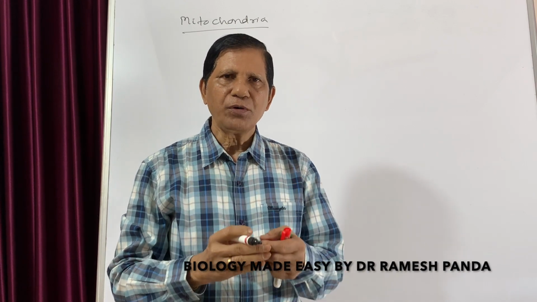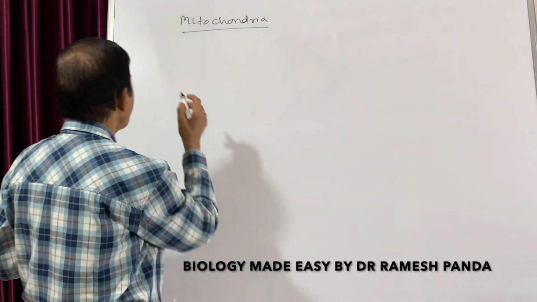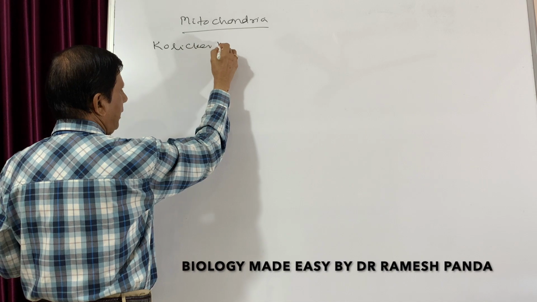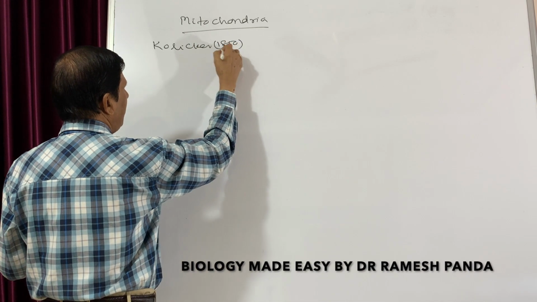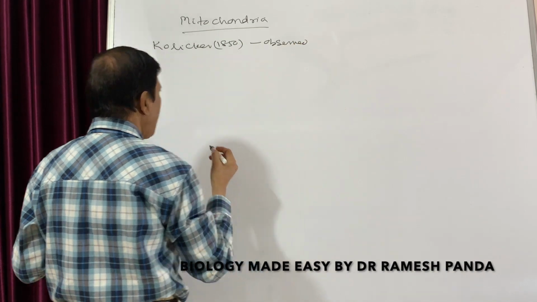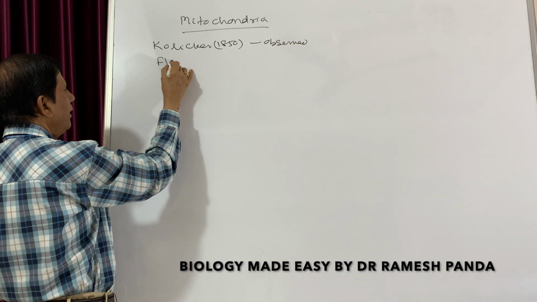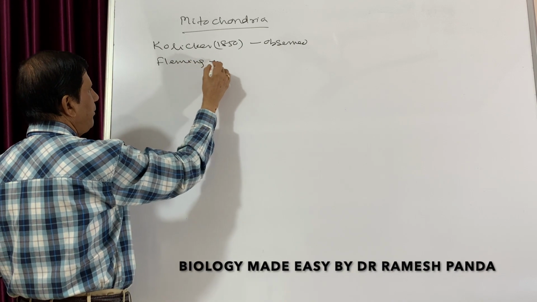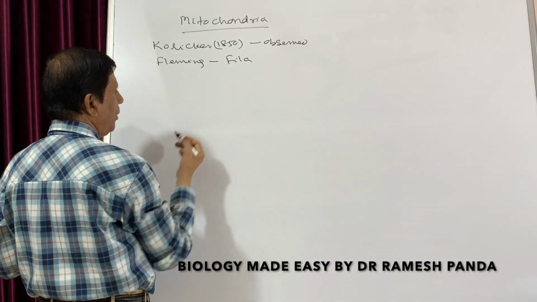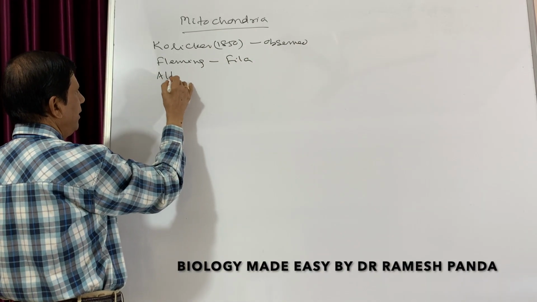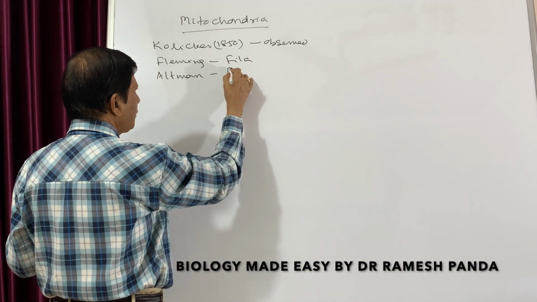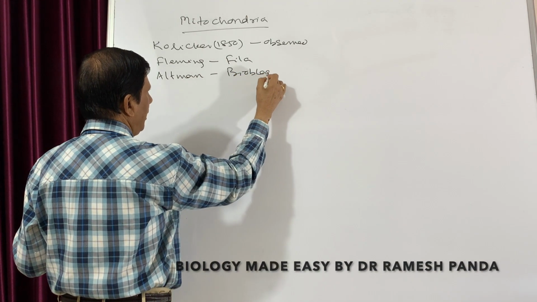The mitochondria were first observed by Kolliker. In 1850, Kolliker first observed the mitochondria inside the cell, and Fleming called these structures fila, while Altmann called this structure bioblast.